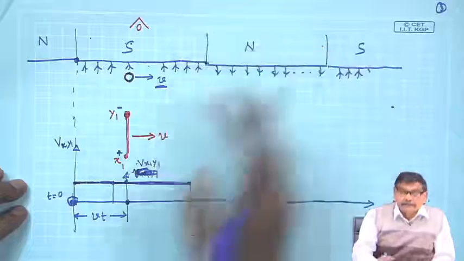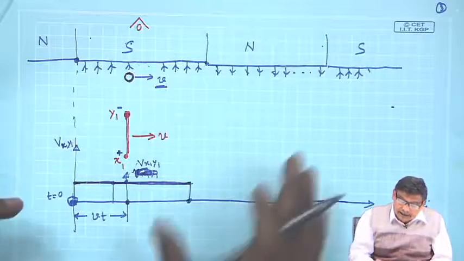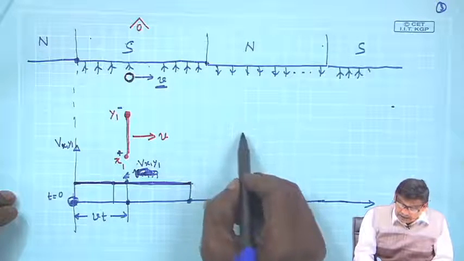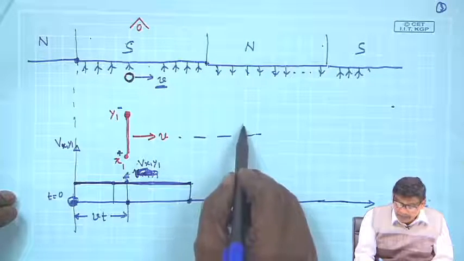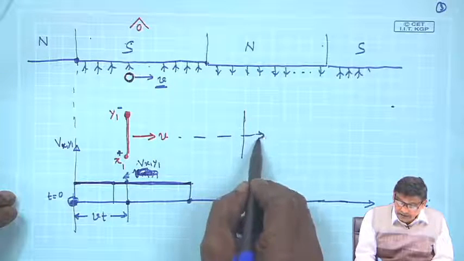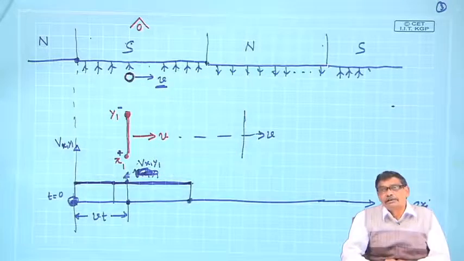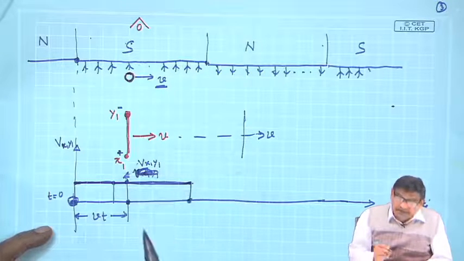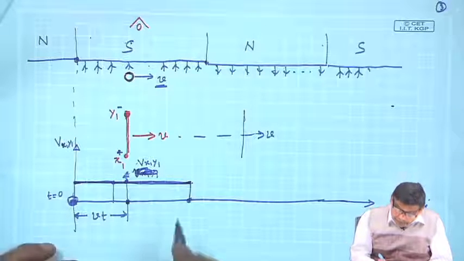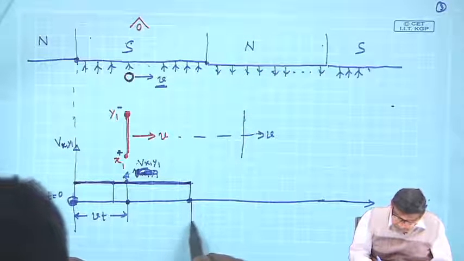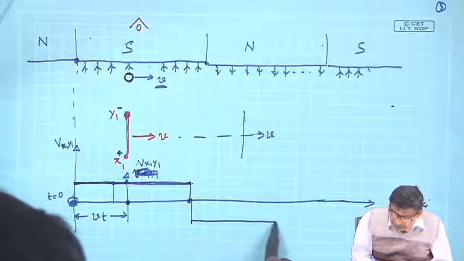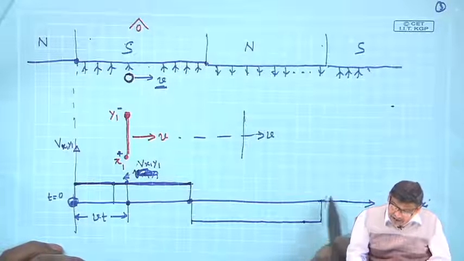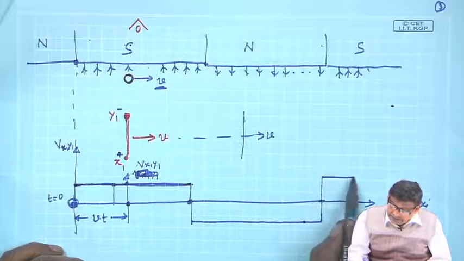In the next stretch, suppose it is another equal length north pole, but the conductor is nonetheless moving here also with the same velocity. What has reversed is the direction of B. Therefore, v x1 y1 will still be there, its magnitude will be BLV, but it will be negative, of same strength, and it will continue like this.